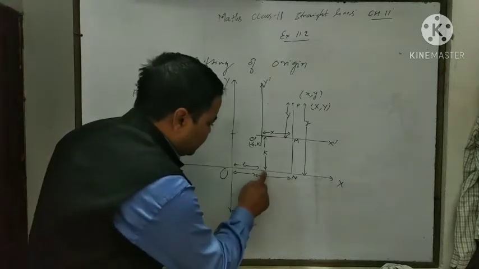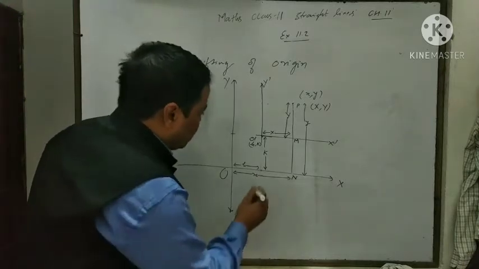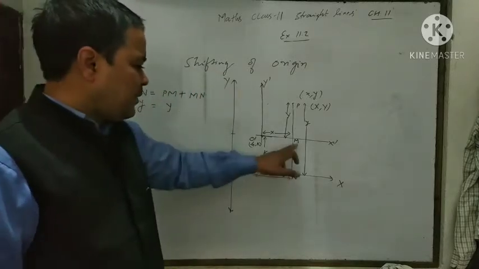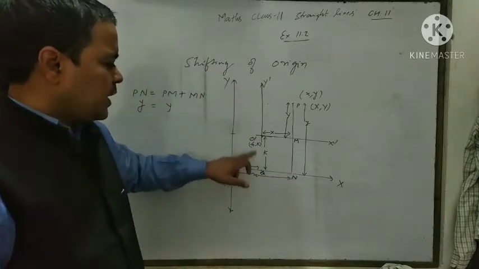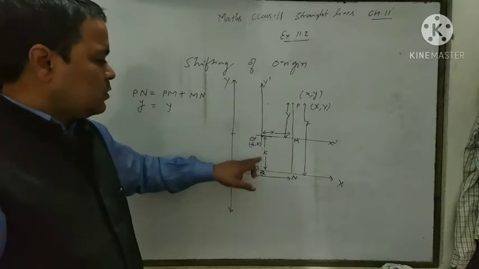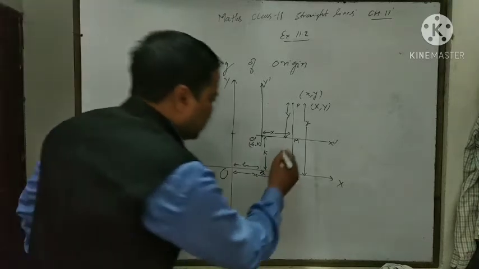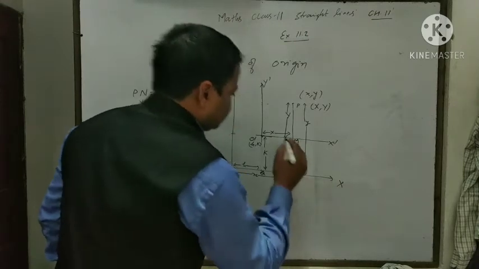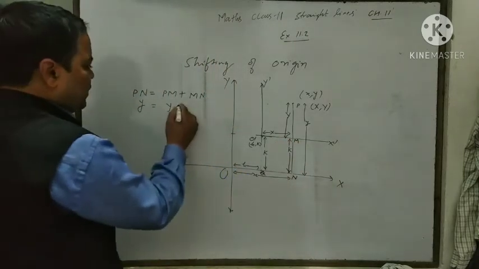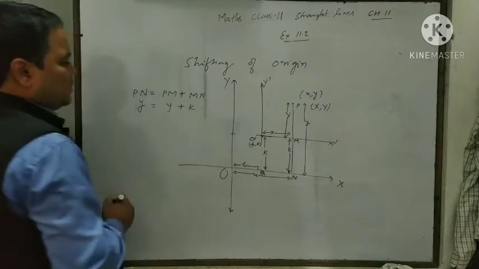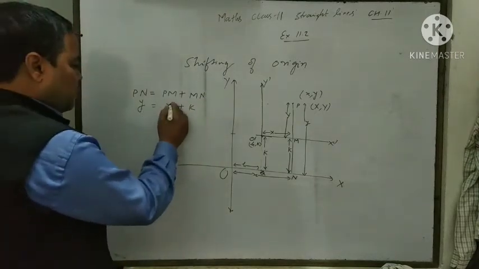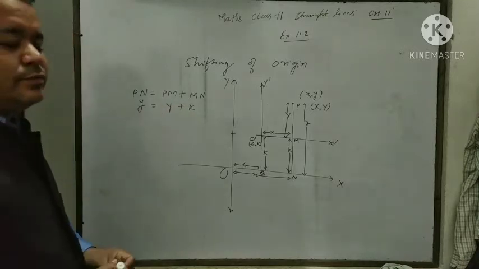Don't write K here. We should write another point. We should take it as Q. So here Mn will be equal to O dash Q. If this is k, then this is also equal to k. So in place of Mn we can write k here. So small y is equal to capital Y plus k.